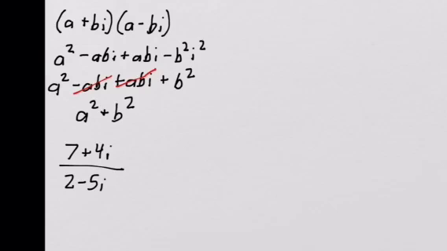So we're going to use the trick from what we have above. If I multiply the top and bottom by 2 plus 5i, so all I'm doing is changing the sign on the term with the i.